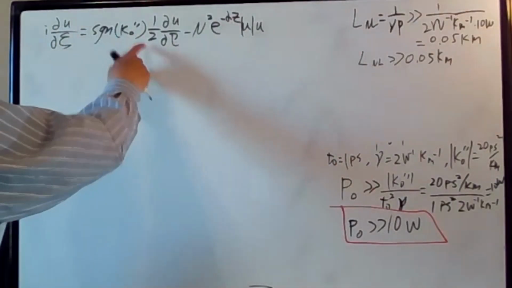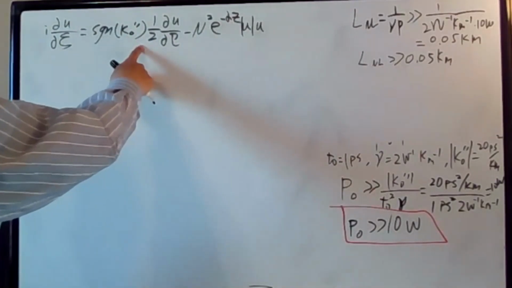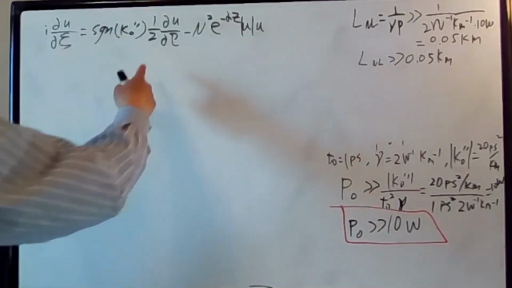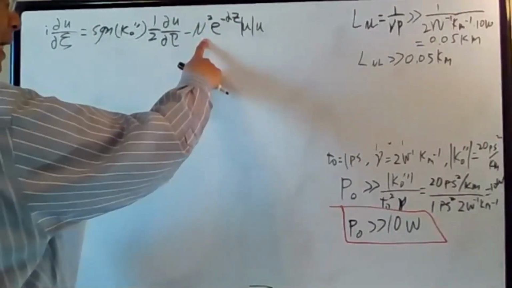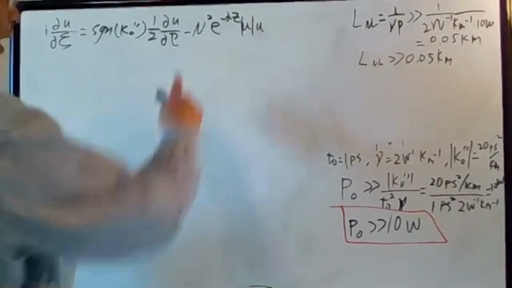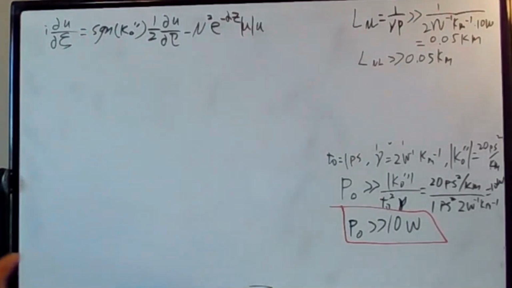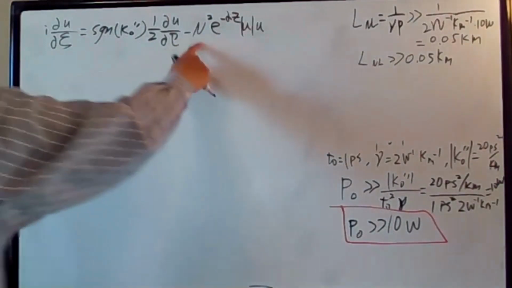There was a dispersion length here, so I divide by the dispersion length. Now remember there's a gamma P here. If you check your previous equation, there's gamma P here.